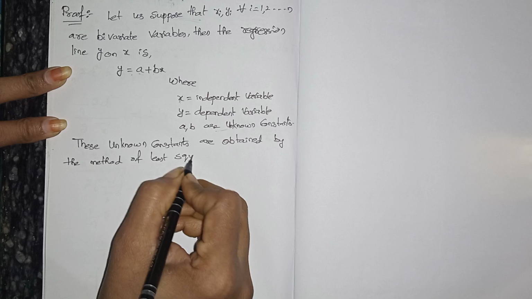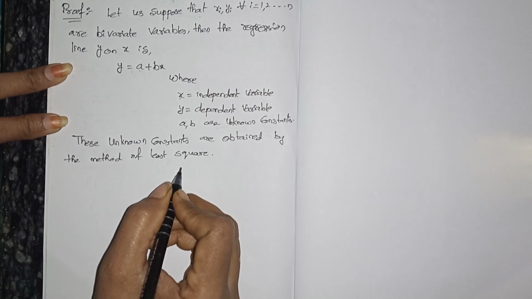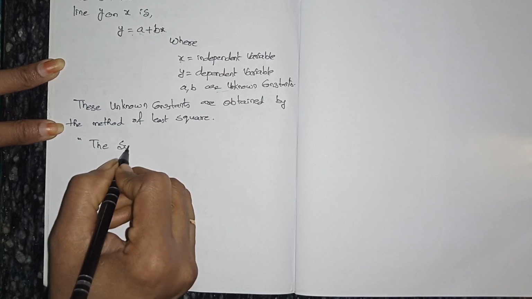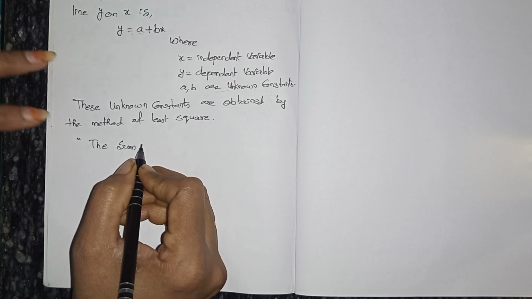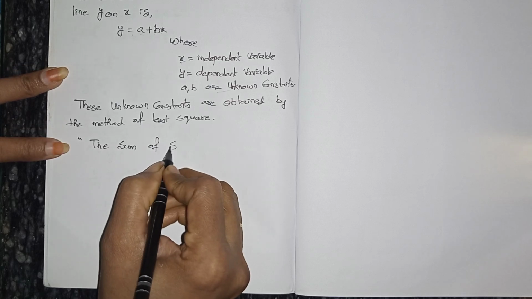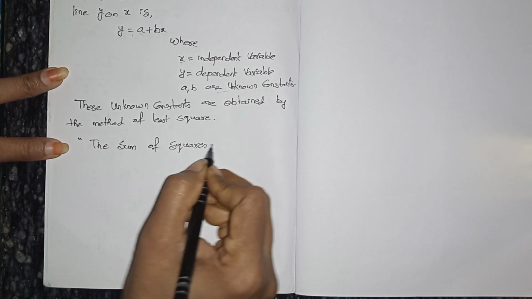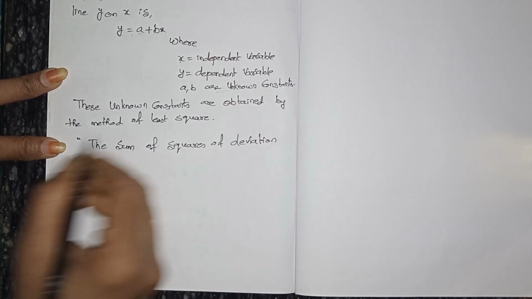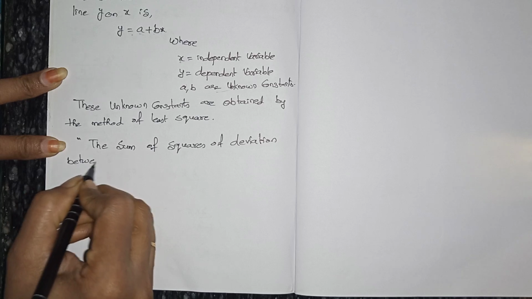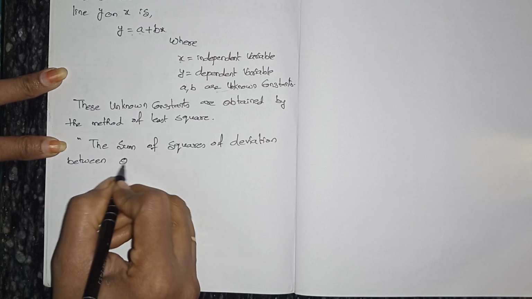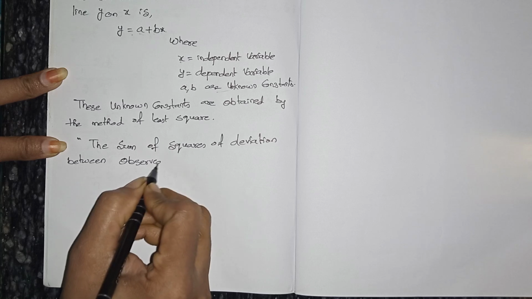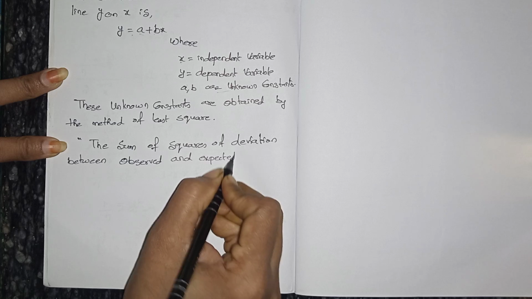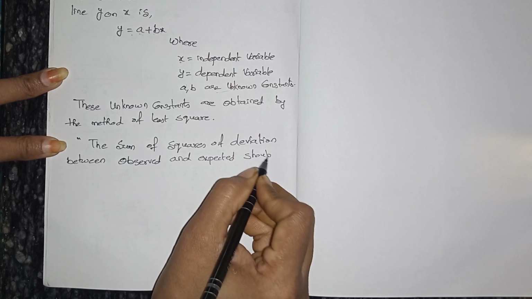What is the principle of the method of least squares? The sum of squares of deviation between observed and expected values should be minimum.